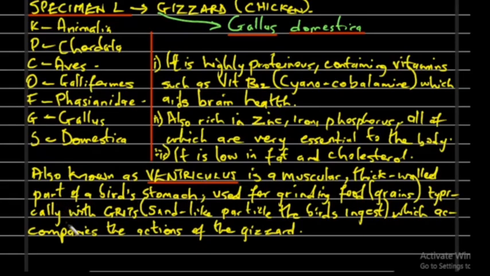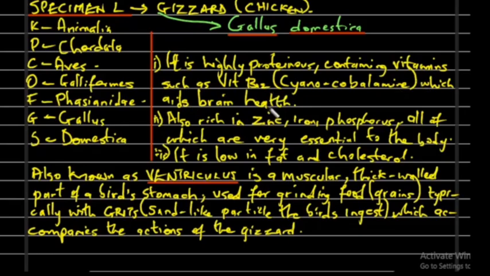This ventriculus contains tiny stones called grits. It contains tiny stones called grits, and they are majorly used to grind the contents of the ventriculus or the contents of the gizzard. These grits accompany the action of the gizzard. It is highly proteinous, containing vitamins such as vitamin B12, that is cyanocobalamin, which aids brain health.